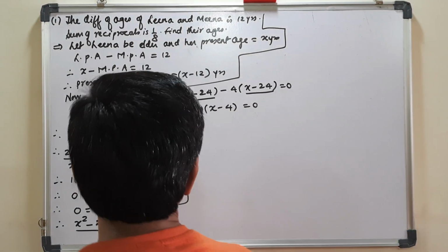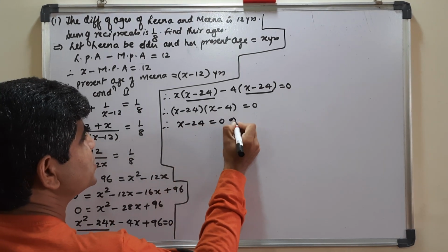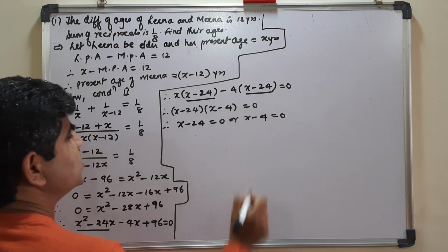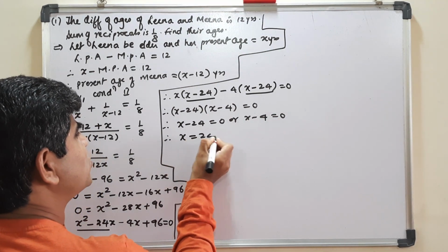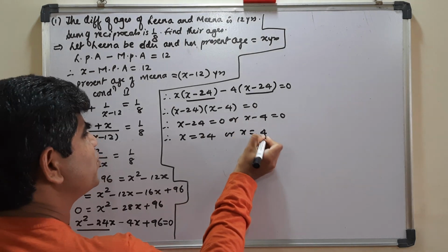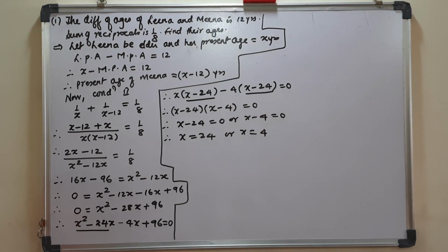So x minus 24 is equal to 0 or x minus 4 is equal to 0. It means x is equal to 24 or x is equal to 4. That means I can say either x will be 24 or x will be 4.